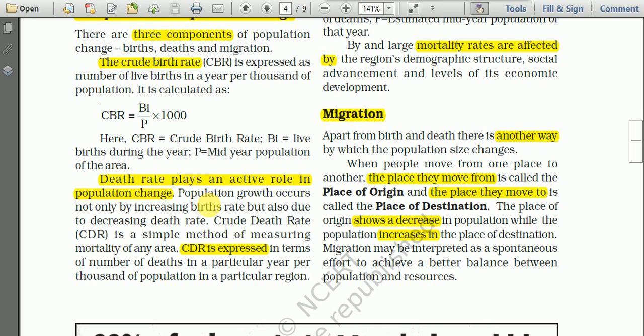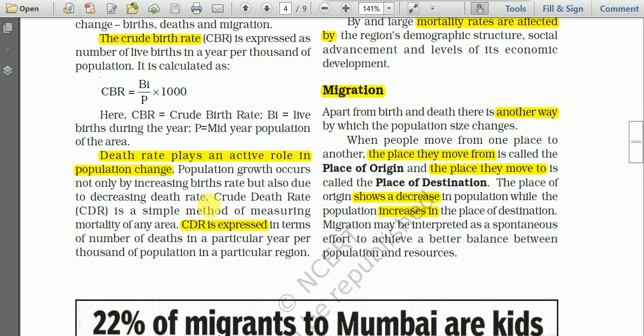Next we have another important component of population change, that is death rate. Death rate plays an active role in population change. Population growth occurs not only by increasing birth rate but also due to decreasing death rate.